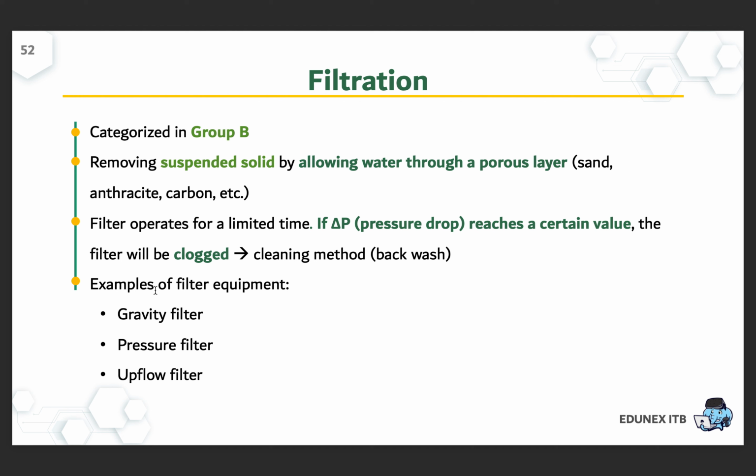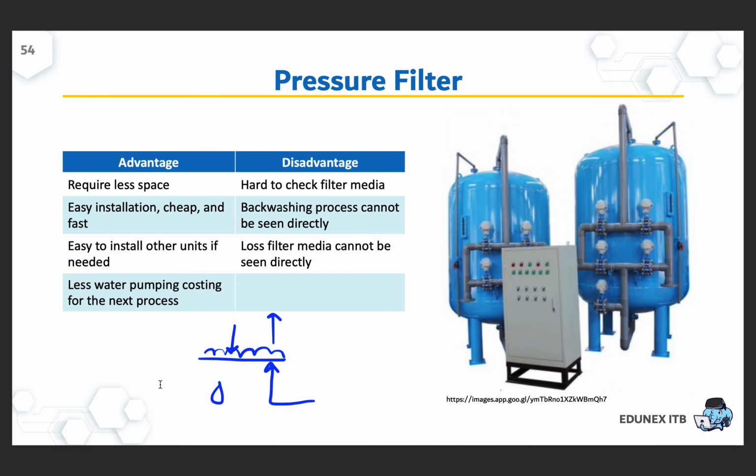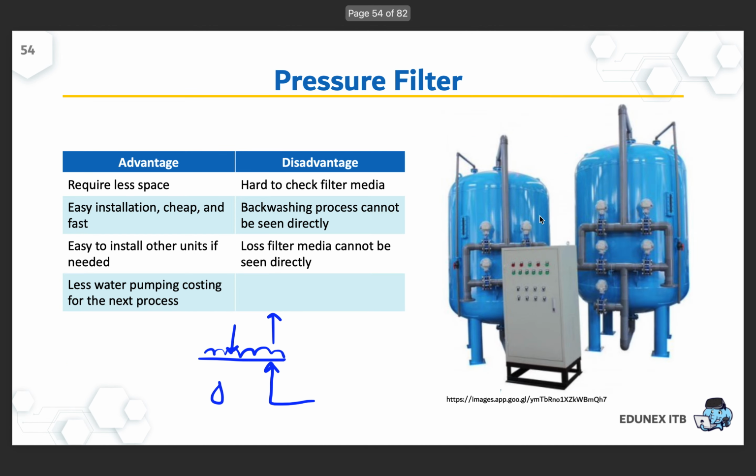As examples of filter equipment, we have gravity filter, pressure filter, and upflow filter. You can have a look at the literature and see the difference between these three filters, and also how they work. This is the pressure filter. It looks like this.